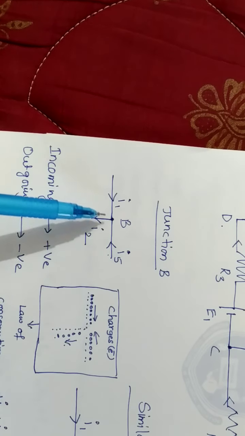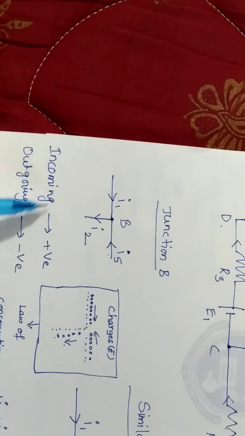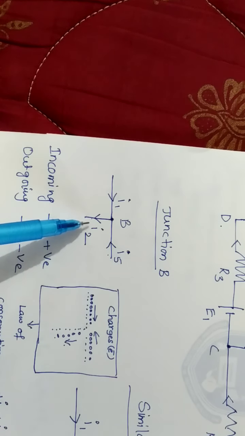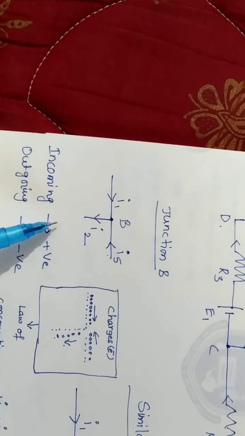At junction B, for example, I1, which is coming towards the junction, is taken as positive current. I2, which is moving away from the junction, is taken as a negative current.